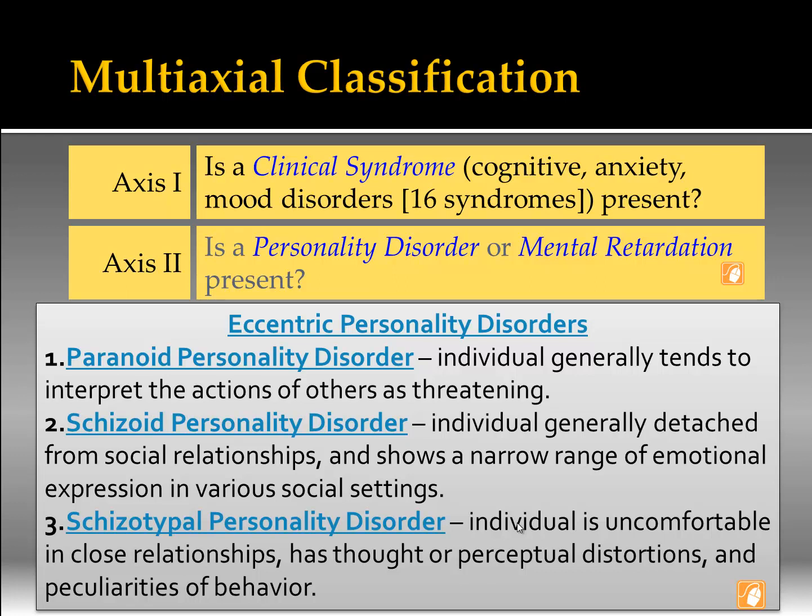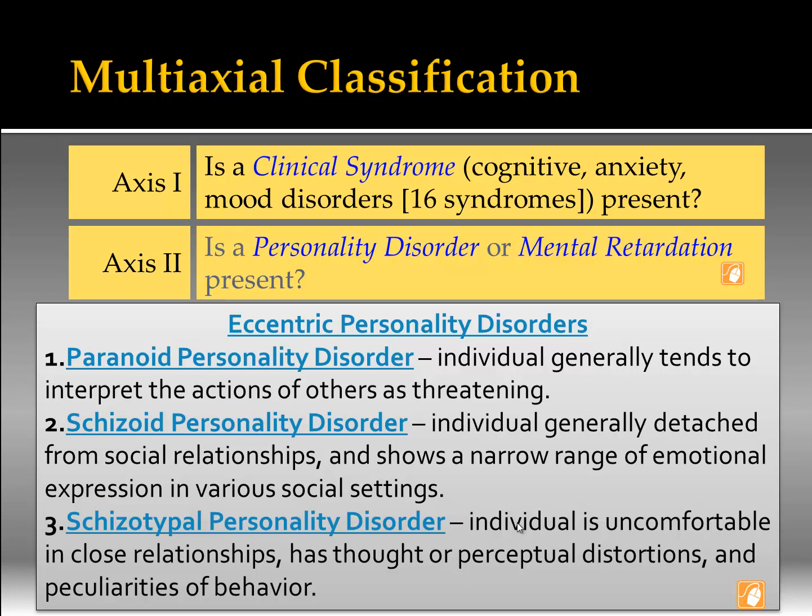There's no doubt. A schizoid personality and schizotypal personality are very similar in that an individual generally is detached from social relationships in the schizoid, and they show a very narrow range of emotion. They don't get involved in relationships, and their emotional response is very flat.